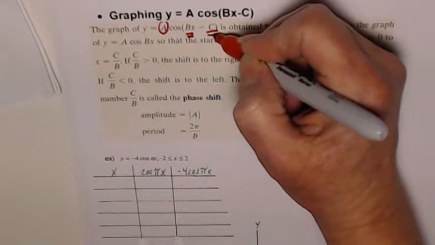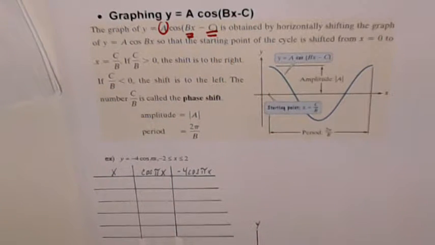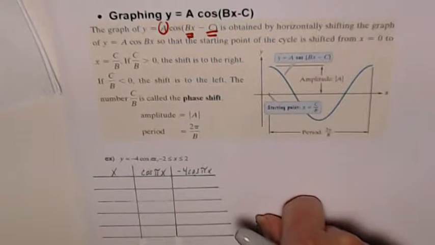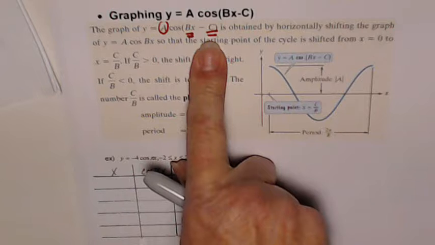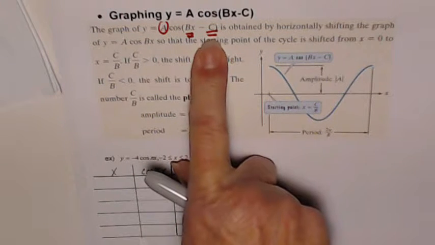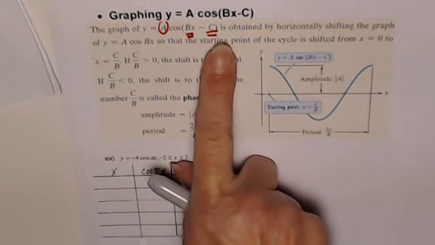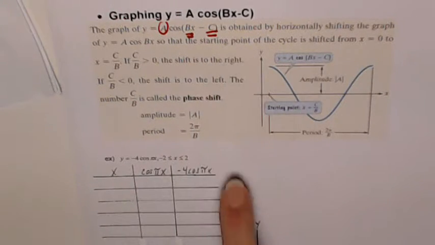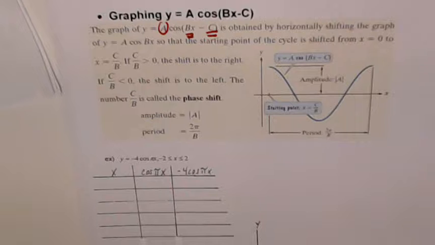And then C here is our phase shift. So in the plain vanilla cosine function, we start at 0. A phase shift would represent a starting point for our cycle at something other than 0.